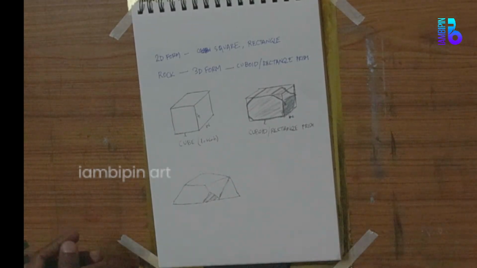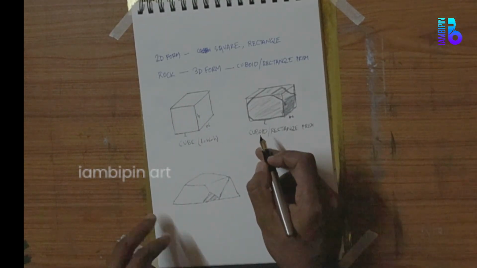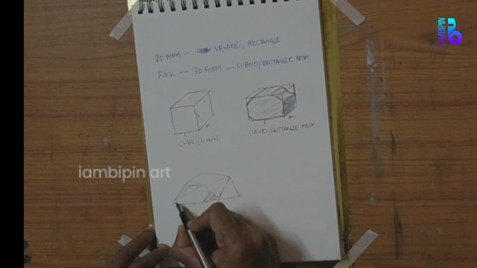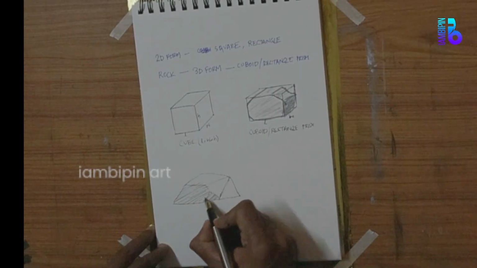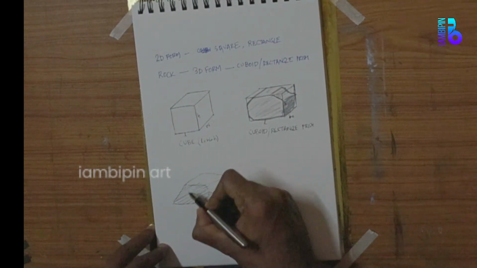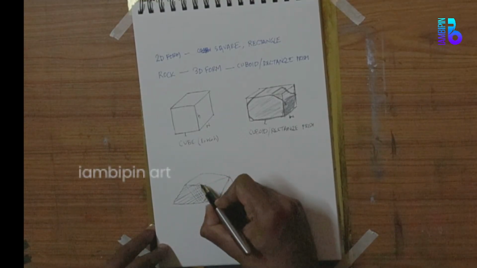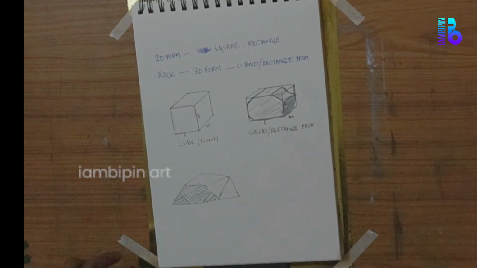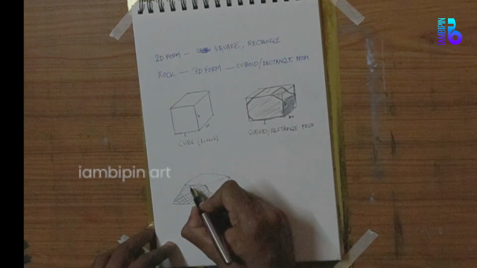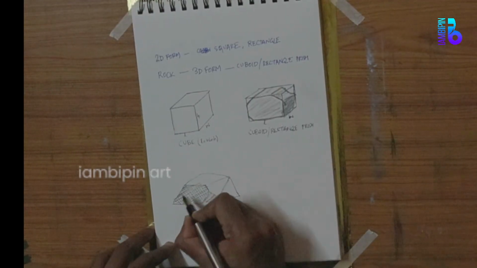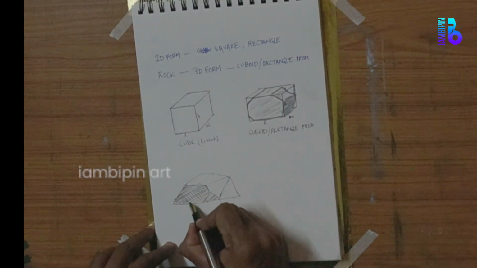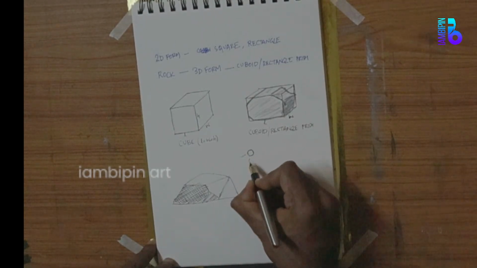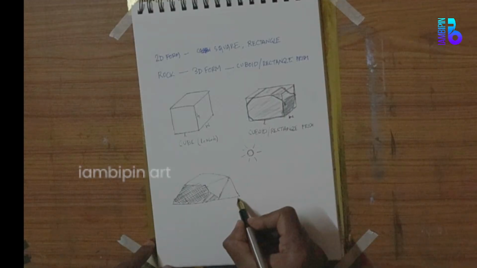In order to get this right, suppose the light is coming from the top right. Then this is the core shadow, and I'm using cross hatching to define it better, because I want to show the darkest part. This is the darkest part because light is coming from the right side, so it will cast a shadow.